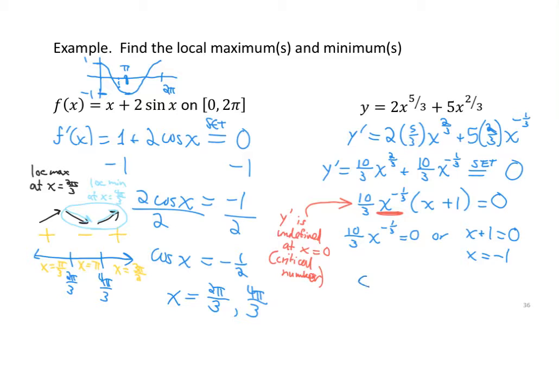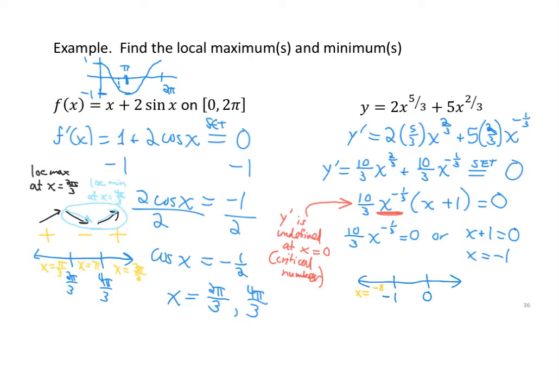We make the number line with 0 and negative 1 on it. And then we're going to test some points. So we'll try, I don't know, x equals, let's pick negative 8, because I can take the cube root of that really easily.